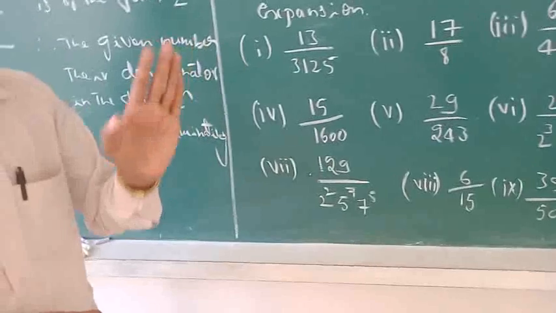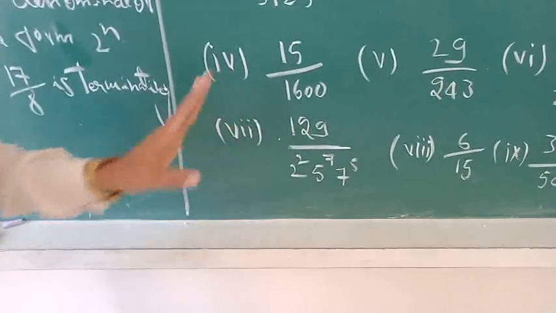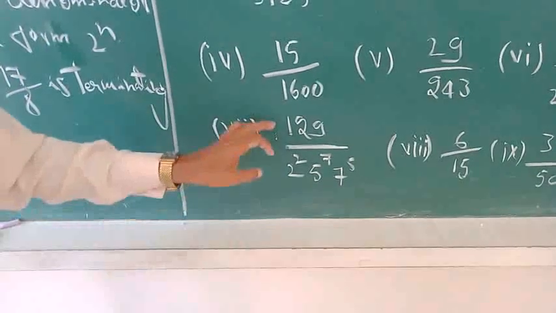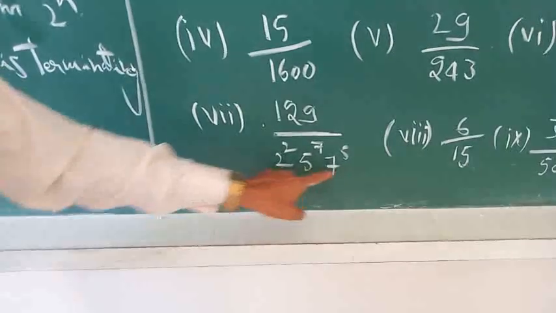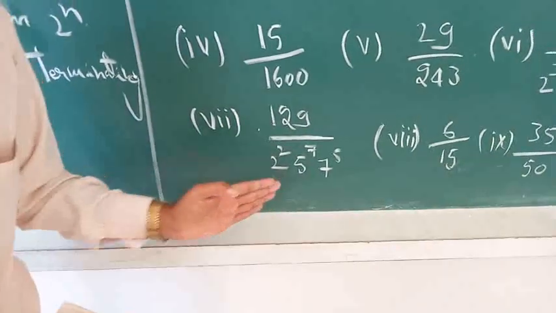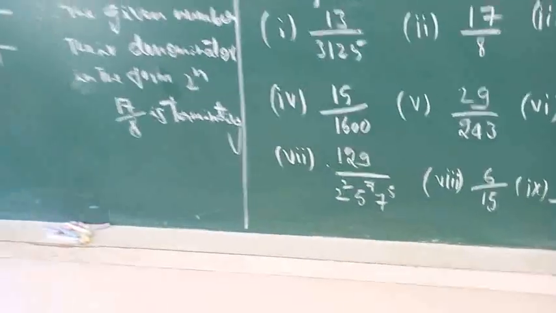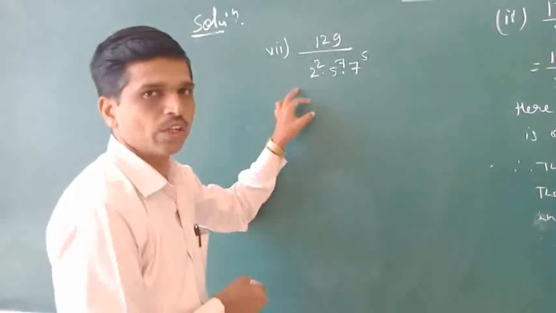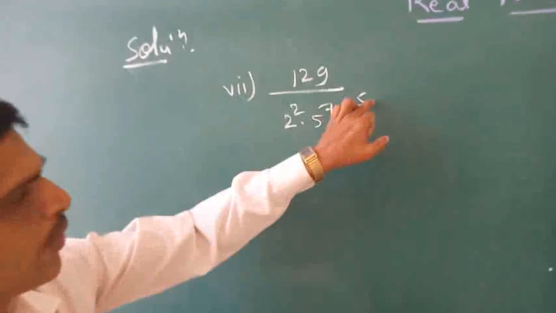Understand? So before going to the result, first know the p and q values. Suppose you want to factorize it. Here it is 129. It is not necessary to factorize it because this number is already factorized. We want to finalize the result based upon the denominator. So observe carefully what they have given. Look here, 129 divided by 2 to the power of 2, 5 to the power of 7, 7 to the power of 5.